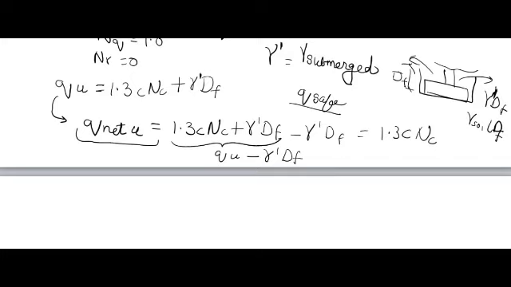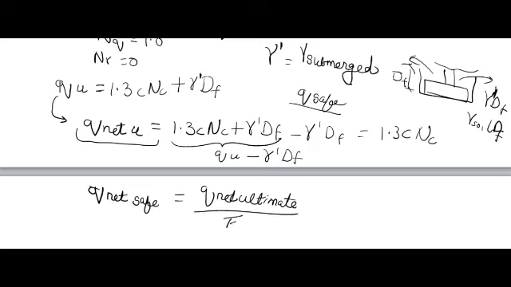Then from Q net ultimate we have to find Q net safe. Q net safe is nothing but Q net ultimate divided by the factor of safety.